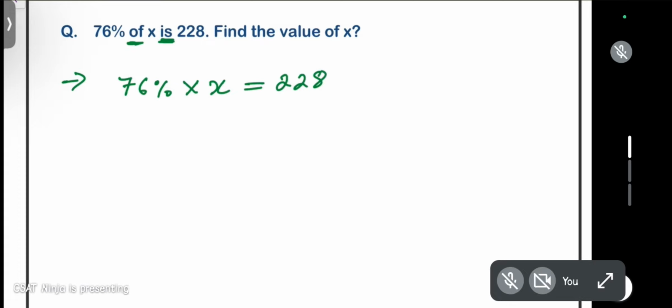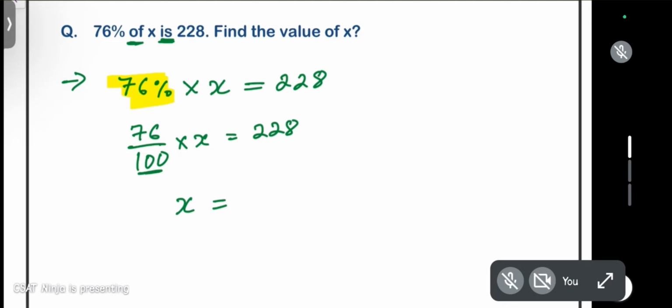Let me convert this 76% to a fraction. So 76 divided by 100 into x equals 228. Which means x is equal to, if I transfer this denominator to the other side, it will be in the numerator, and if I transfer this numerator to the other side, it will be in the denominator.